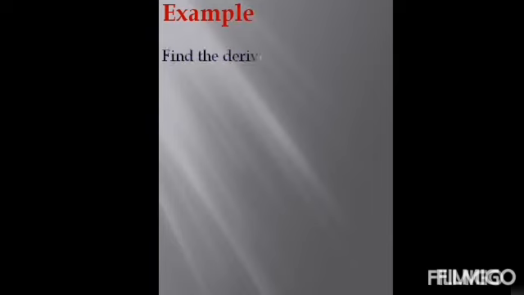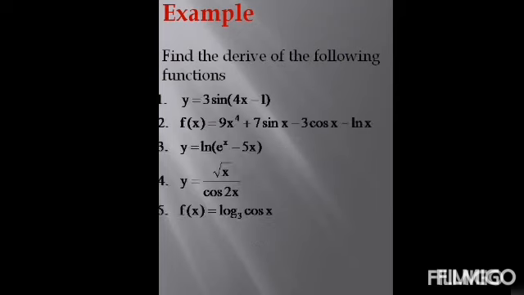Find the derivative of the following functions. I have these 5 functions. If we solve these 5 functions, then we have touched all the functions I've earlier mentioned: the algebraic function, exponential function, logarithmic function, and trigonometric function.